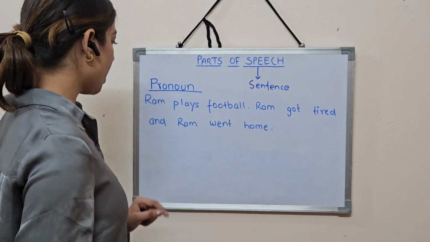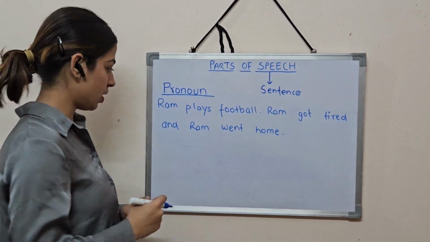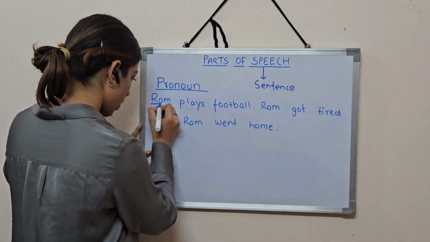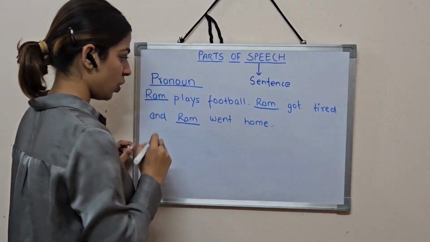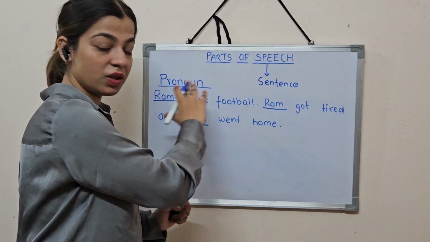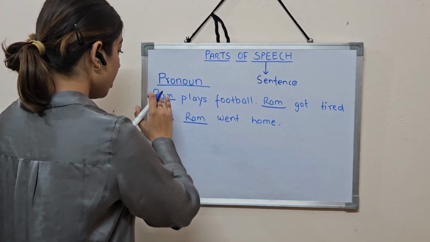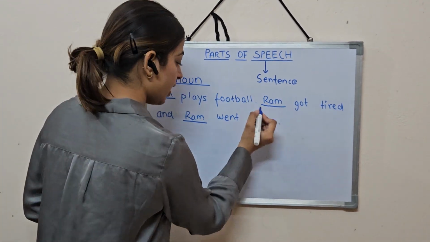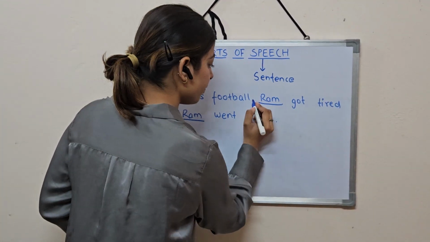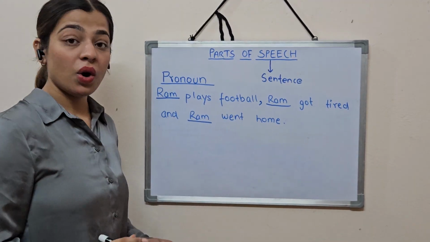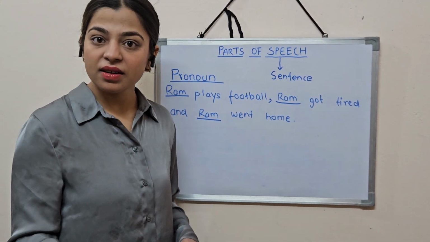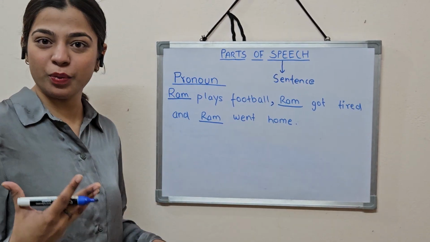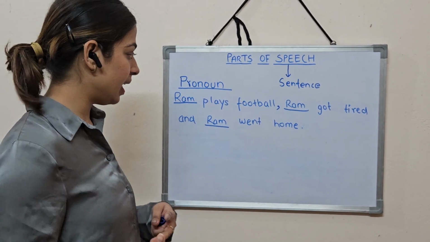How many times have I used Ram here? Okay, let me count. 1, 2, 3. This is one sentence I can say. Ram plays football, Ram got tired, and Ram went home. Okay. So, is it appropriate to use Ram again and again? No, right? It sounds inappropriate to use Ram again and again in one sentence.